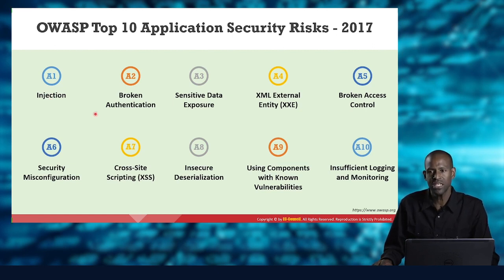Broken authentication, sensitive data exposure, XML external entity or XXE, broken access control, security misconfiguration, cross-site scripting, insecure deserialization, using components with known vulnerabilities, and lastly, insufficient logging and monitoring. So these top 10 security risks, we need to have a look at them. Number 1, injection.